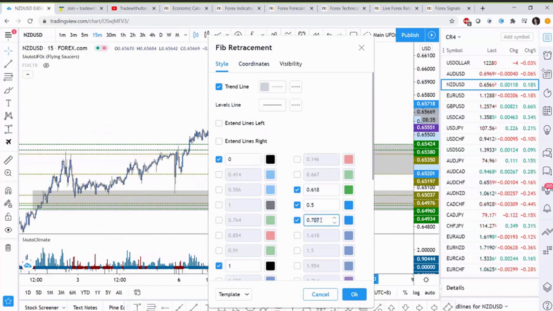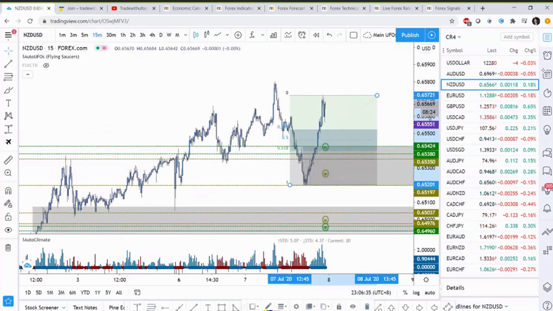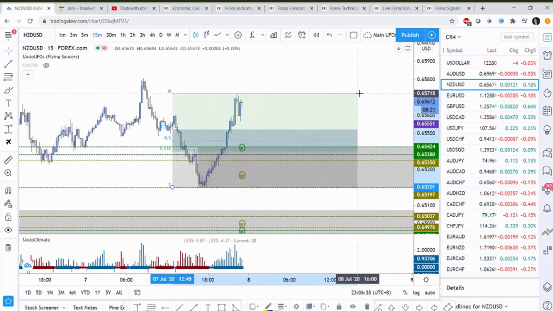And let's say the 38.2. So you say to yourself, hey, look, I like the retracements down to the 61.8, which is what is here.